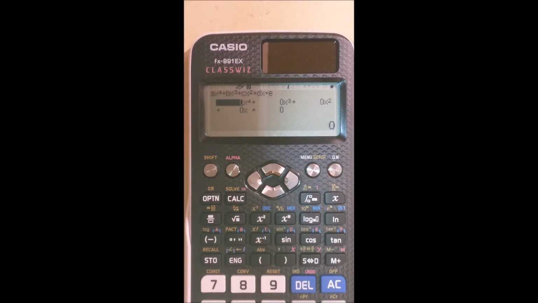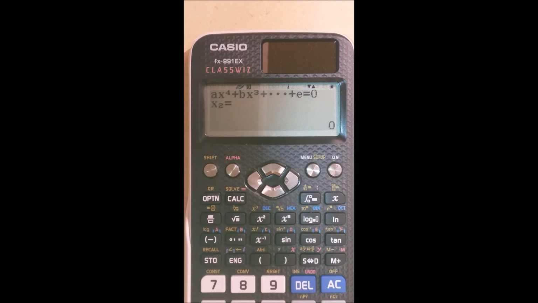I'm going to put in the value of 1 for x to the 4th, 0 for x to the 3rd, negative 2 for x squared, 0 for the x value, and 0 for the constant, and hit this, and we got x1 is equal to the square root of 2, which would be 1.4.